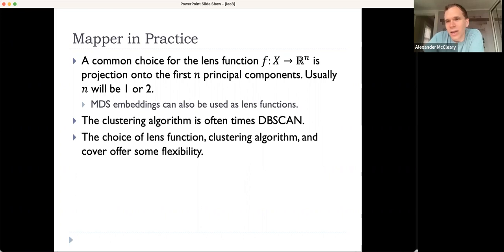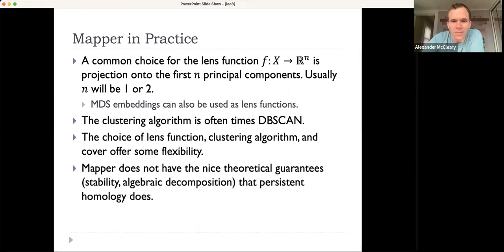That's nice in a way, but it's also unfortunate, because of all these choices we have to make, we don't have the nice theoretical guarantees that regular persistent homology offers. In particular, we don't have stability and algebraic decomposition. So there's a trade-off with Mapper. It has fewer theoretical guarantees, but more flexibility.